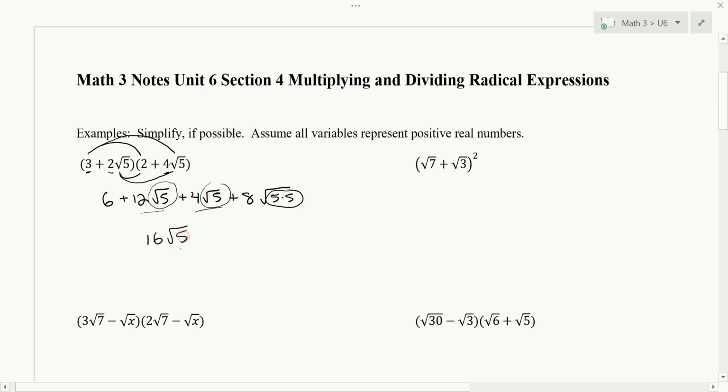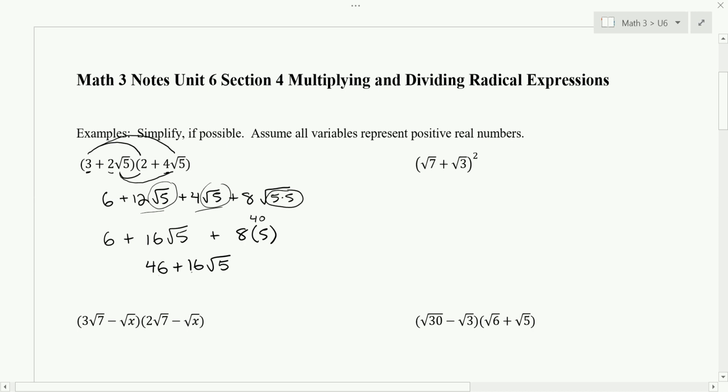And remember, when you add, you don't change that square root. We still have the 6 out front. And then we have the 8 times 5, because the square root of 5 times 5 is 5. So 8 times 5 is 40. We can add the 40 and the 6, and you end up with 46 plus 16 root 5. And then one more step, what can we do?